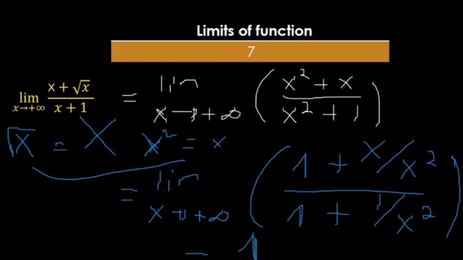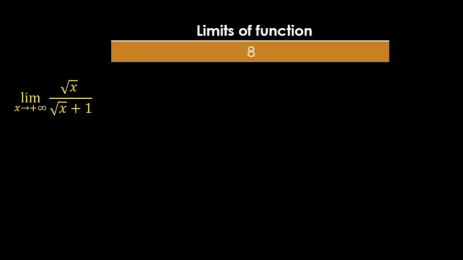In the next question, you have the limit as x tends to plus infinity of root x all over root x plus 1. We can just divide all through by root x.